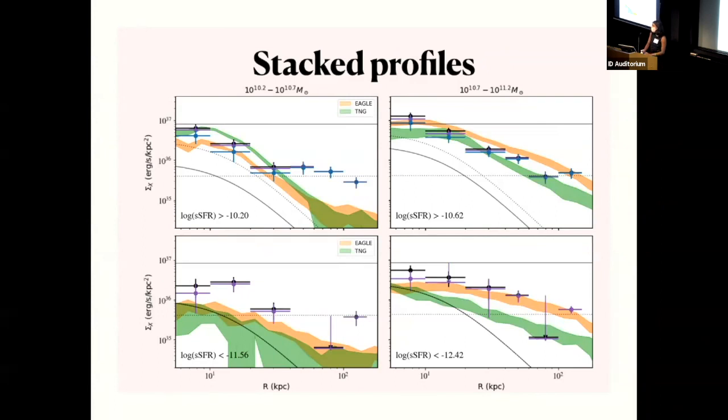Yeah. Hi. I just wanted to drop in a quick comment that these profiles and the feedback responses relative to star formation, non-star formation, are actually just as sensitive to whether metals and metal cooling are included in the simulations. It actually works in a completely counterintuitive fashion.